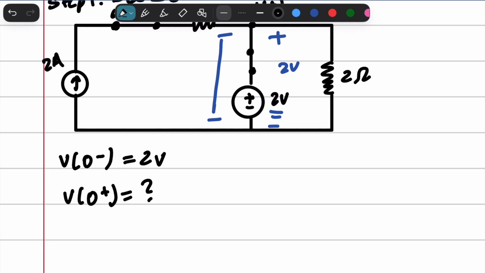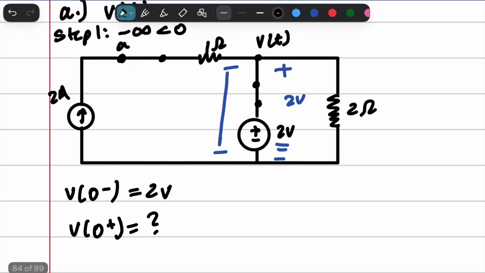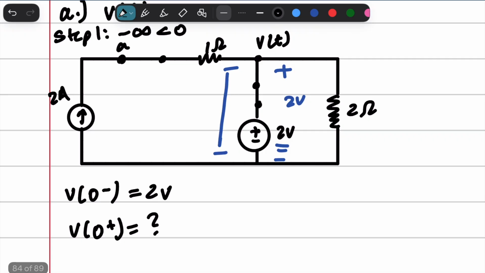And now we're going to have to think a little bit about our current right here. Okay, so we're going to notice that we've got 2 amps going into the node this way, and then we've got 2 unknown voltages right here.